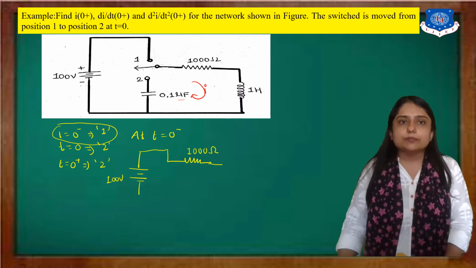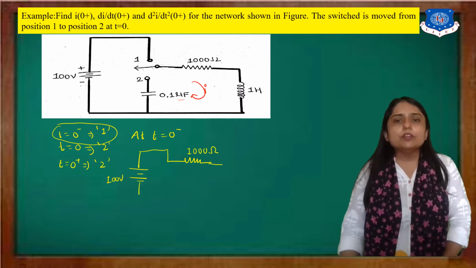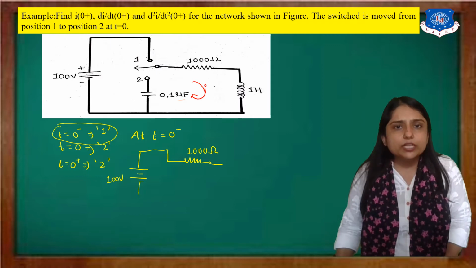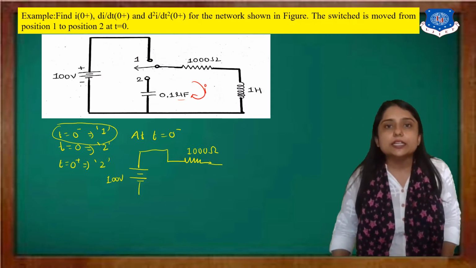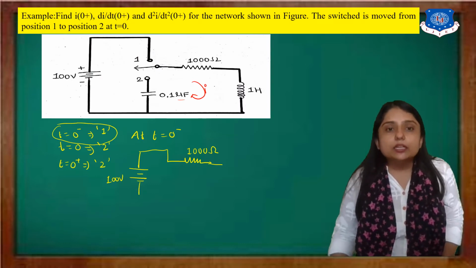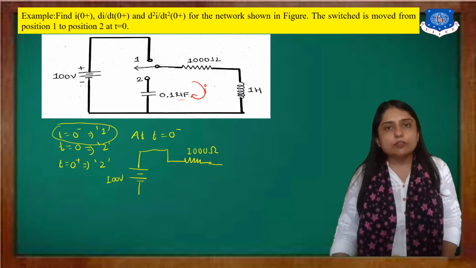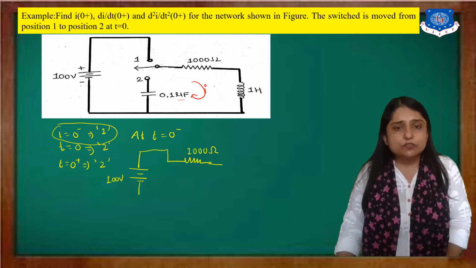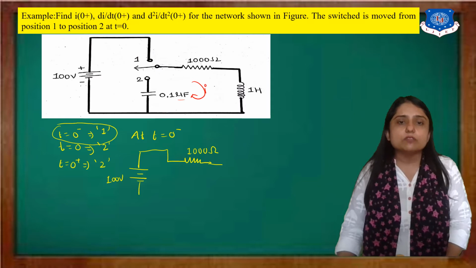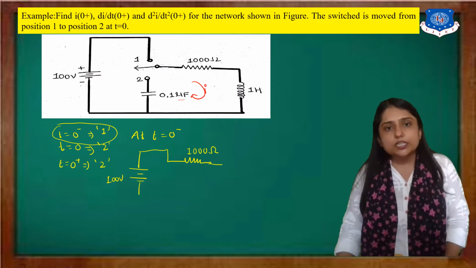And an inductor. See here, if nothing is given to you about the initial conditions, then you have to consider the steady state conditions. t equal to 0 minus represents the initial conditions, and here nothing is specified related to the initial condition, whether it is 0 or steady state.